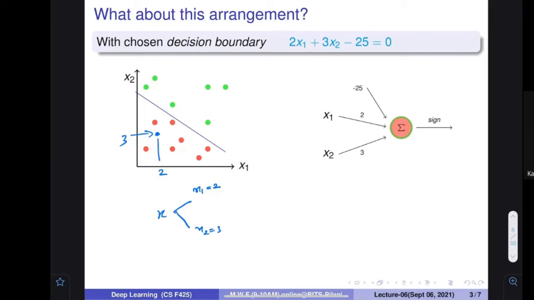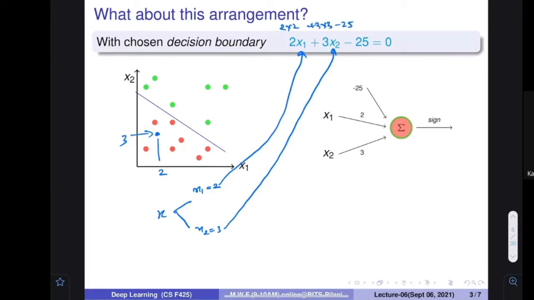Using these, if I want to find out whether this item should be positive or negative, I put them into this equation. So it is 2 multiplied by 2 plus 3 multiplied by 3 minus 25.